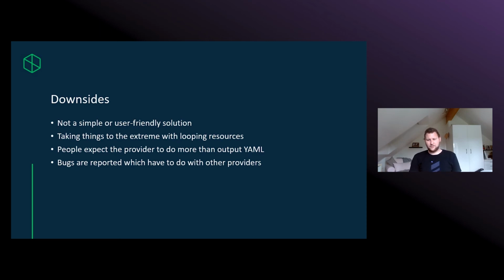One of the things that I really don't like with the solution that we have built is how we, in a way, abuse a lot of the resource looping. I'll show a bit of that in the next slide, as we have to generate unique IDs for the different manifests that we're creating.